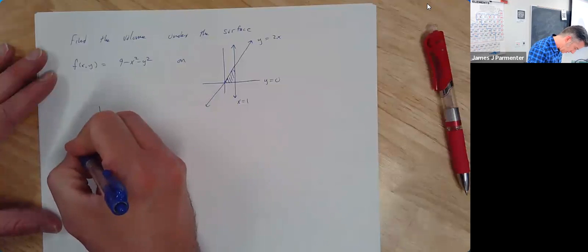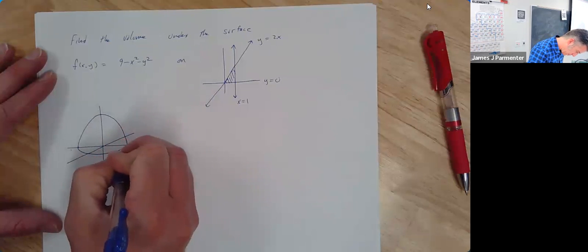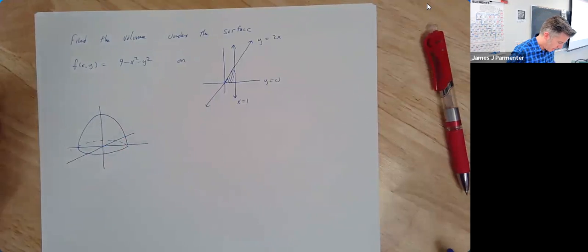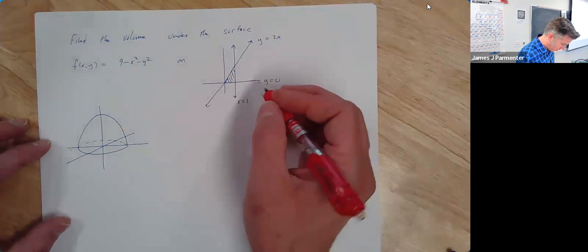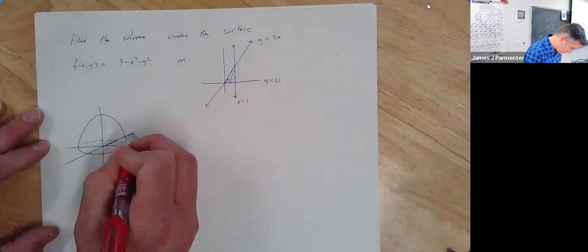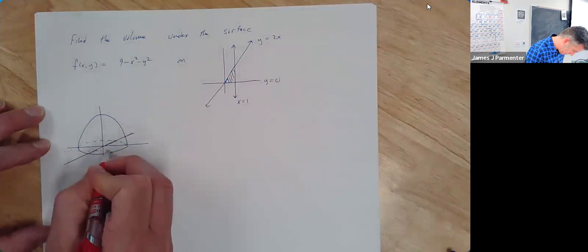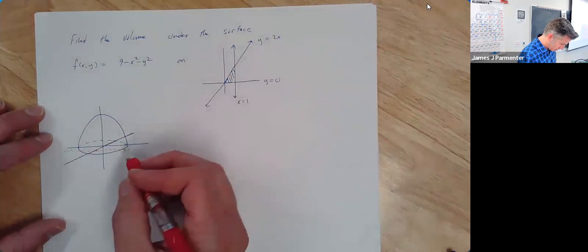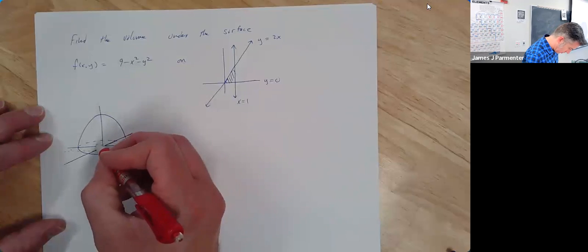So here's the idea. Here's our paraboloid opening downwards, and we're over this region in the XY plane. Here's y equals 0. Over here is, say, x equals 1. And y equals 2x, maybe it looks like right here.